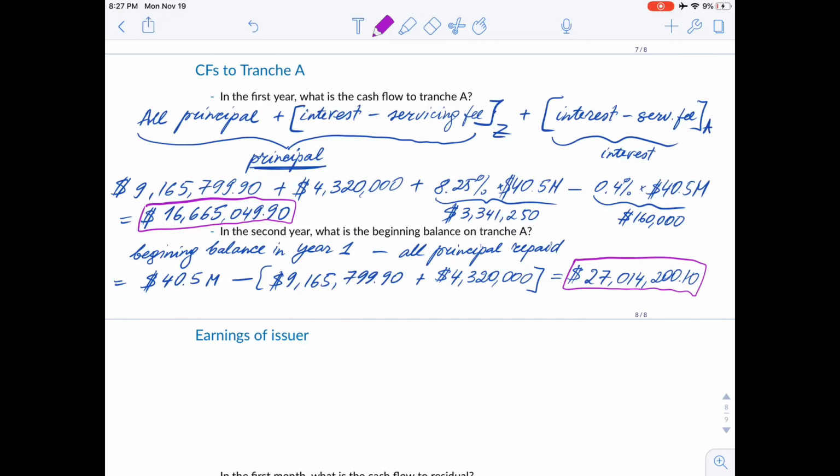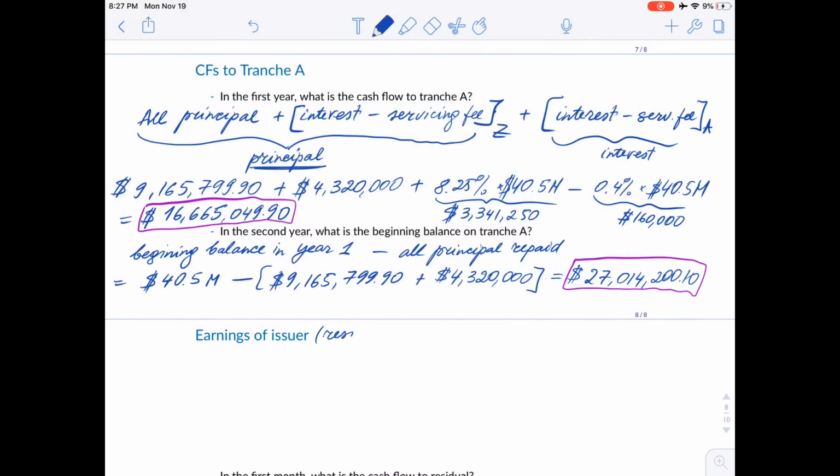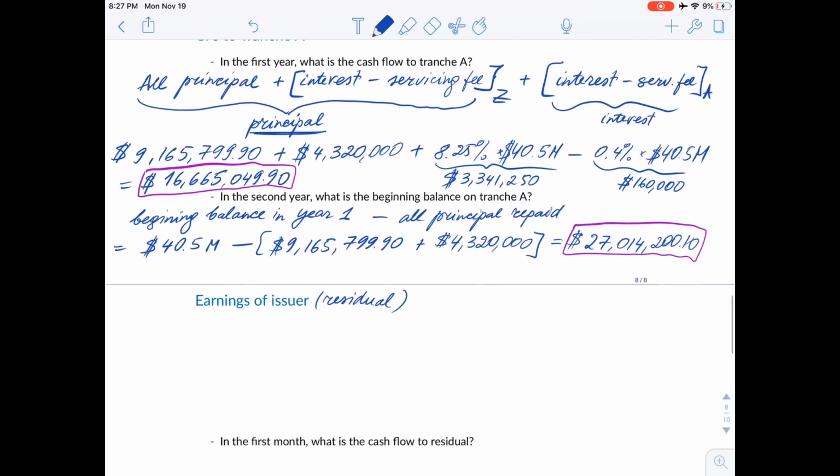So that's essentially the residual. So what is the cash flow to the residual? Where does that come from? The first source of the cash flow in the residual is the extra interest.